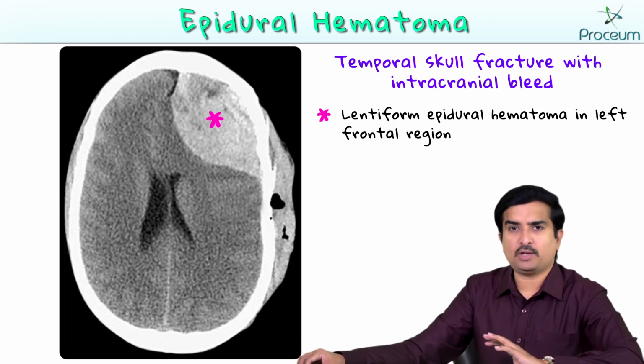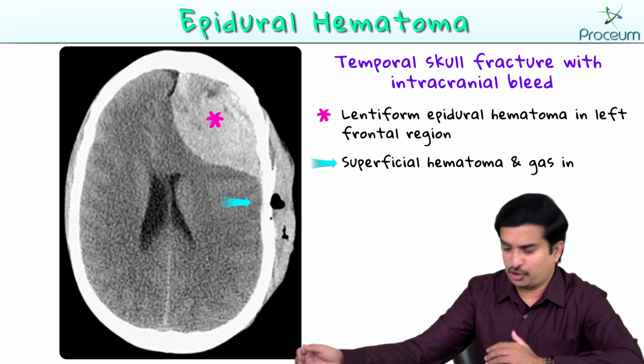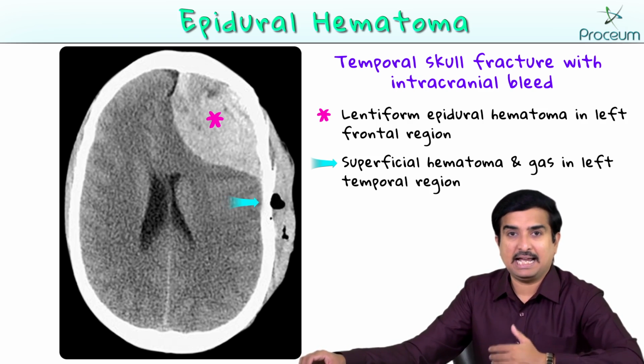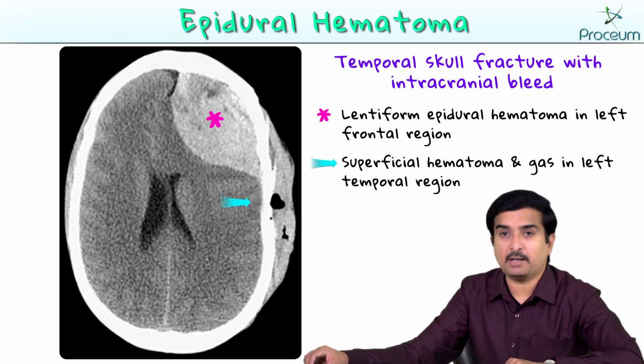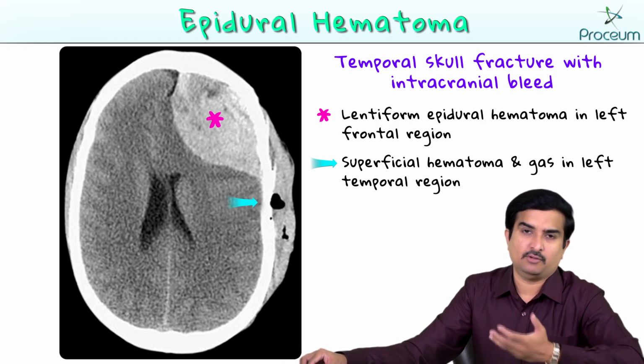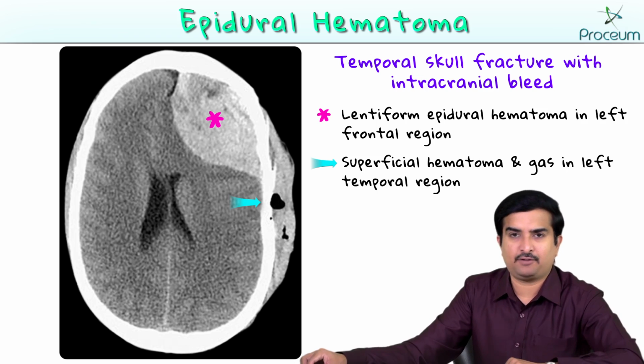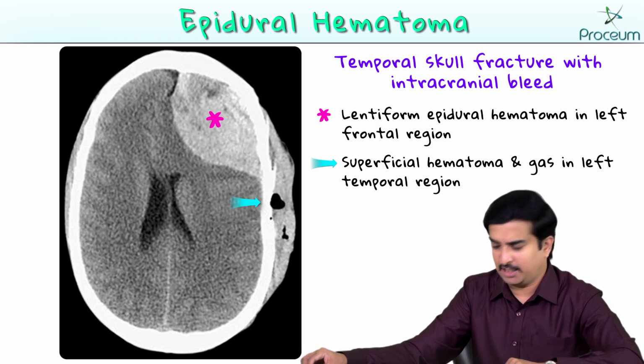I hope you can notice carefully in this image that we have a superficial hematoma as well as gas in the left temporal region, which can be clearly demarcated by arrow marks, and also there is a compression of the left lateral ventricle, what we can see here, right?